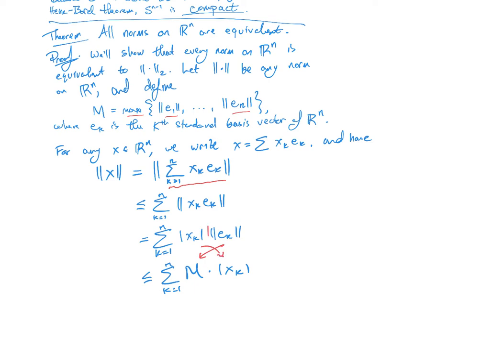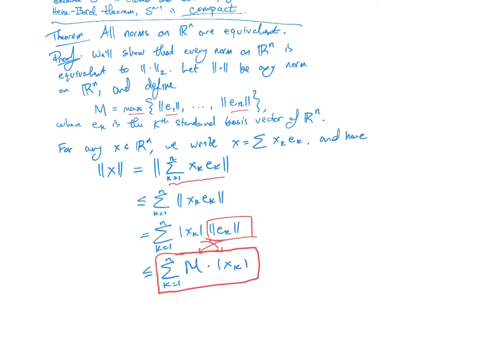The maximum that one of these norms of a basis vector could be is capital M, because that's how we defined capital M. And now what is this quantity that we've got? That's n times the, yeah, Robbie had it in chat, M times the 1 norm. And I said we wanted to show everything's equivalent to the 2 norm, so now what do we do?